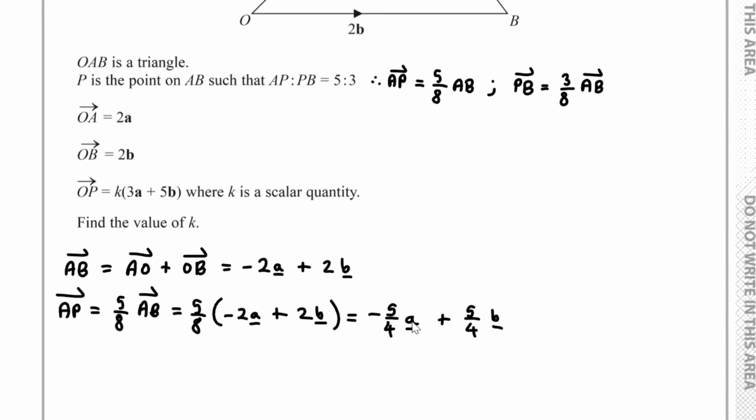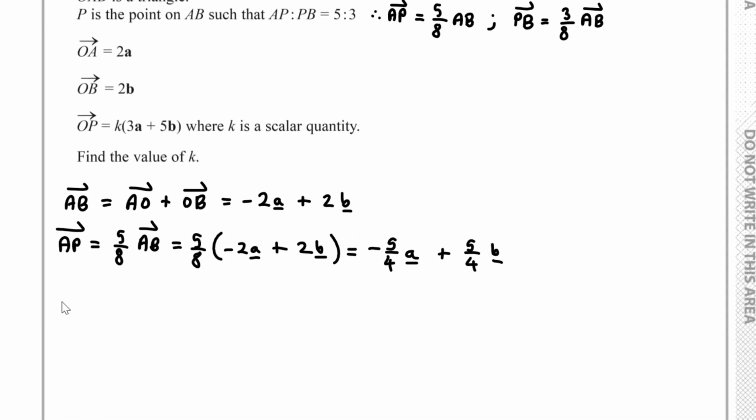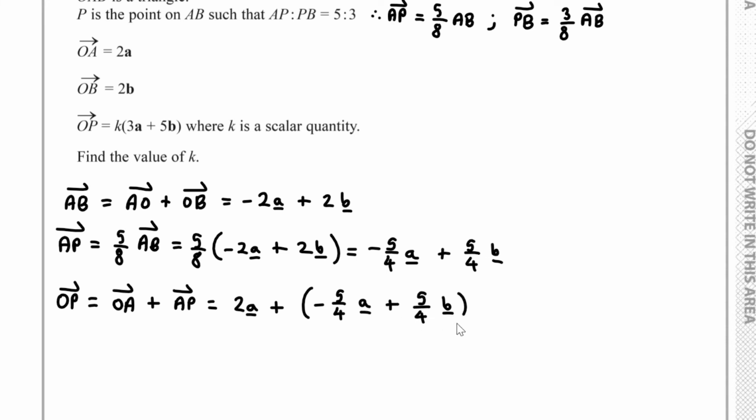So now we can define OP to equal OA plus AP. So here we've got 2A plus minus 5/4A plus 5/4B. If I work this out, you can see 2A plus minus 5/4A is 3/4A.